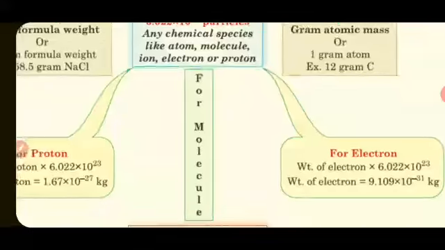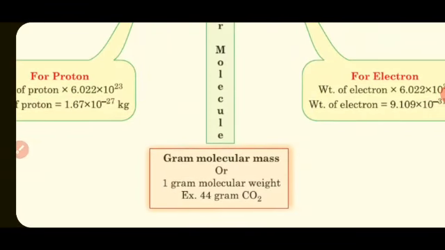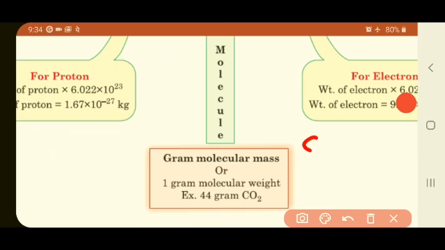Then for molecules, it's gram molecular mass. For example, the molecular mass of carbon dioxide. How will you calculate? Carbon dioxide: carbon is 12 plus oxygen is 16 into 2.